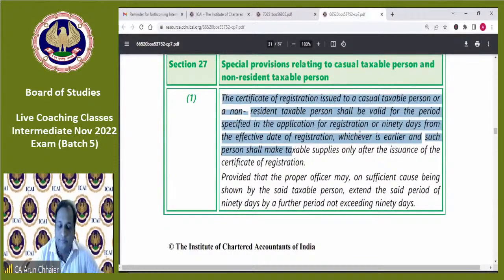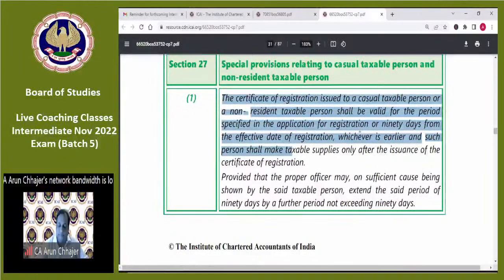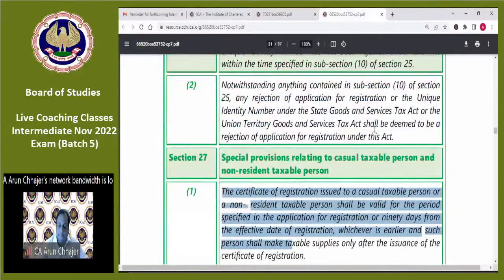Deemed registration means if I am registered under CGST, should I take separate registration under IGST also?